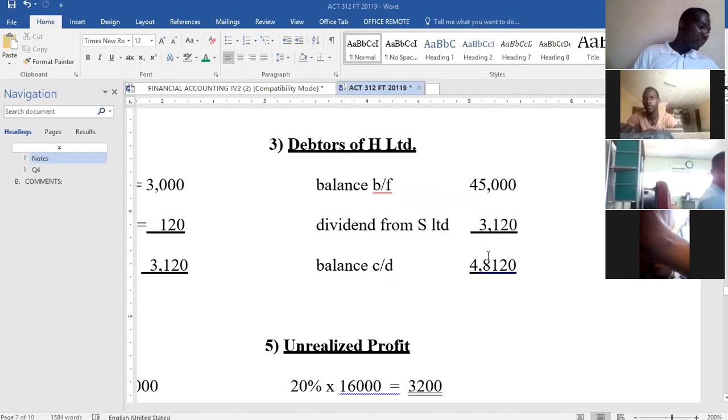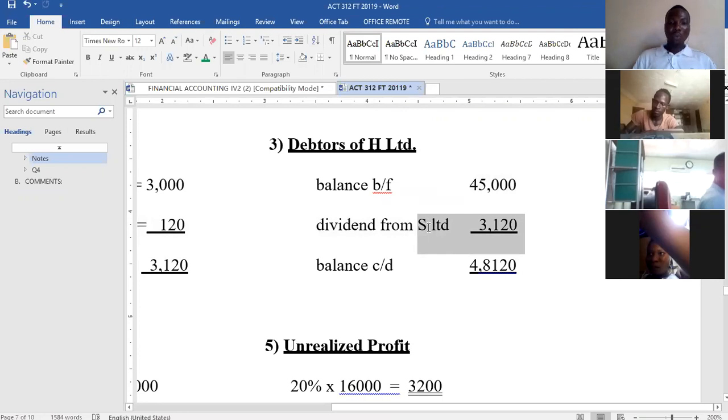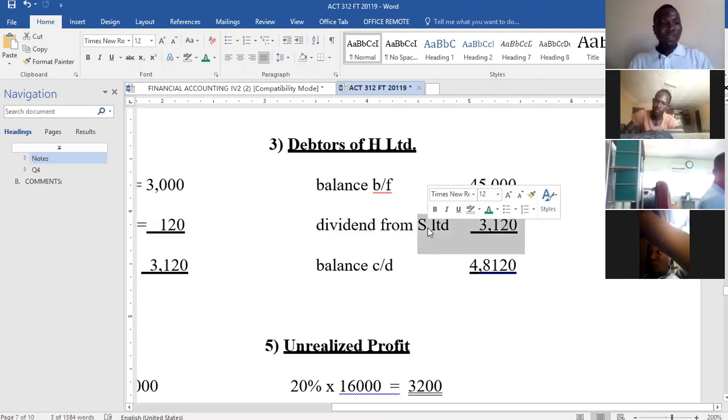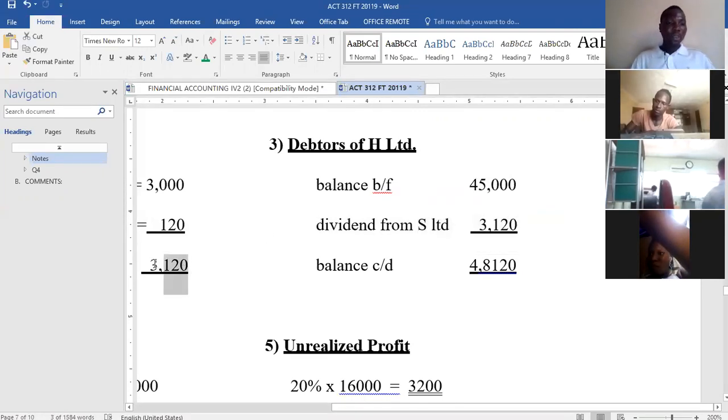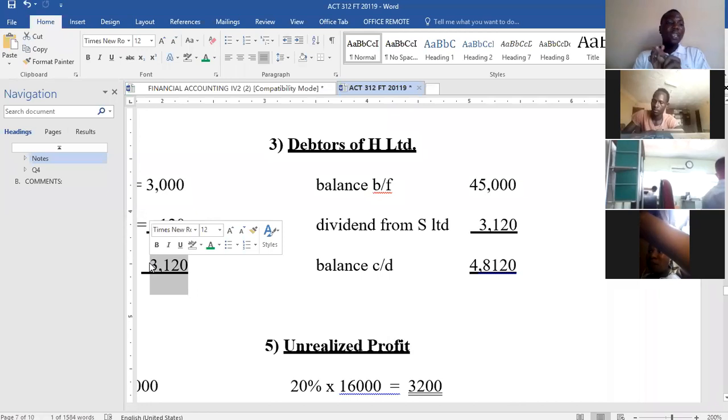So the 45,000 debtors of H, you also add the 3,120 to it. So at the end of the day, in an attempt to correct the error, you add this 3,120 to the income surplus, and then you also add it to your debtors account.